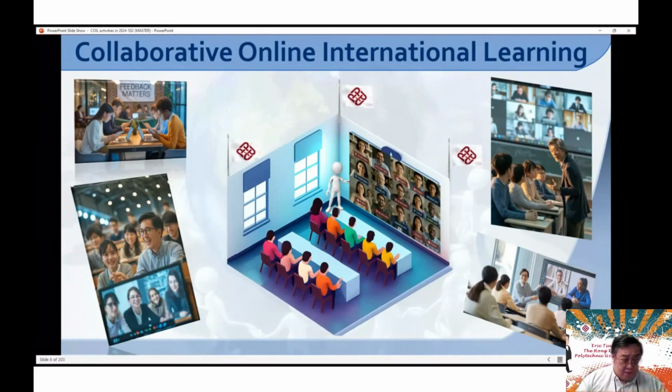If you let it sink into your brain, this is the concept of COIL, Collaborative Online International Learning, right? So it has to be collaborative. Right now, I wouldn't say that my session talking to you is collaborative. Why? Because my students are not attending, so there's no student and student collaboration. And for COIL to happen, it must be online, right?